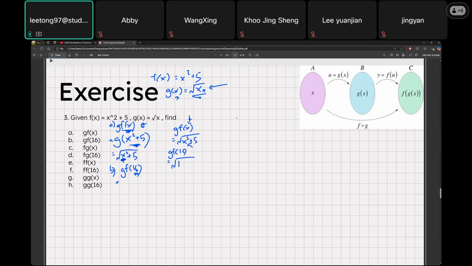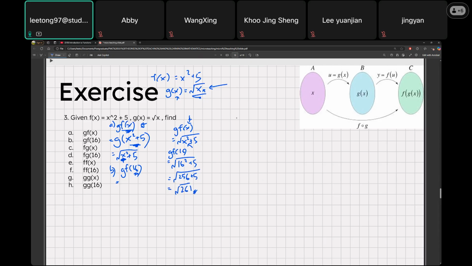So square root of 16 squared plus 5. 16 squared is 256 plus 5. Okay, 261.